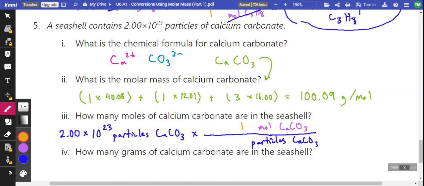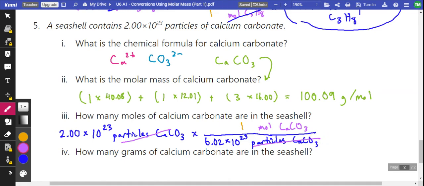Now I just have to ask myself, how many particles of this stuff are going to be in 1 mole of this stuff? If I had 1 mole, it should be 6.02 times 10 to the 23rd. That's how many particles are in a mole of anything. My particles units should cancel out.